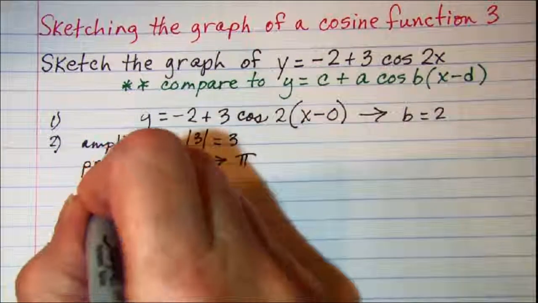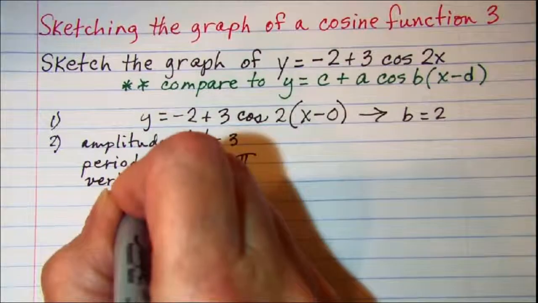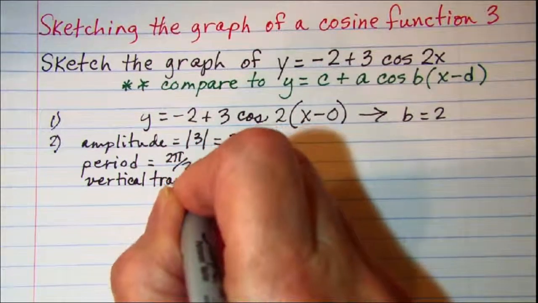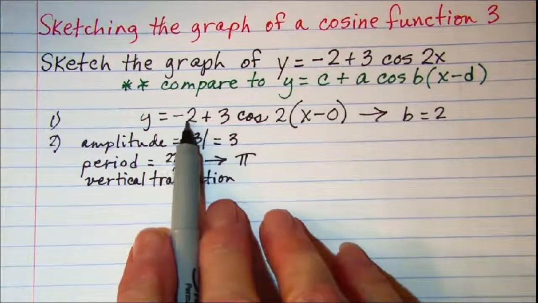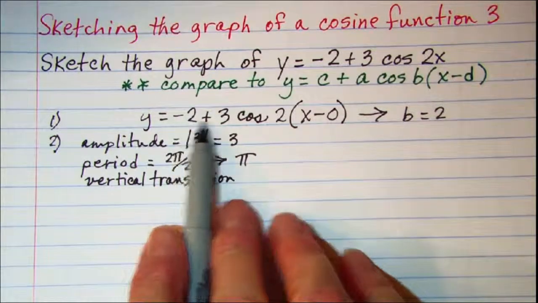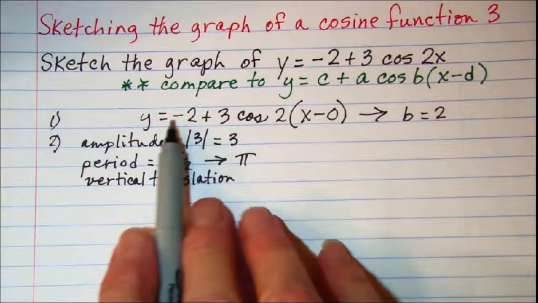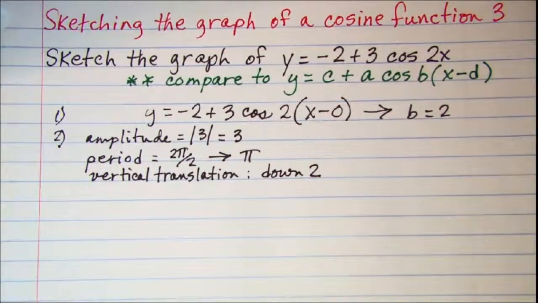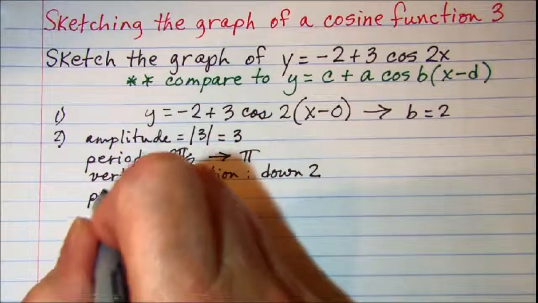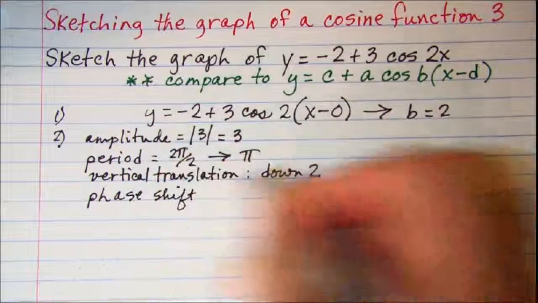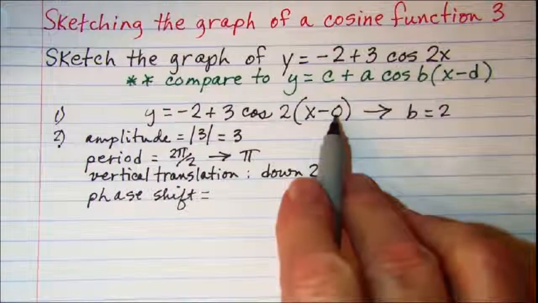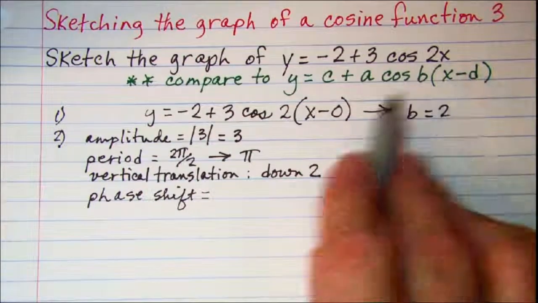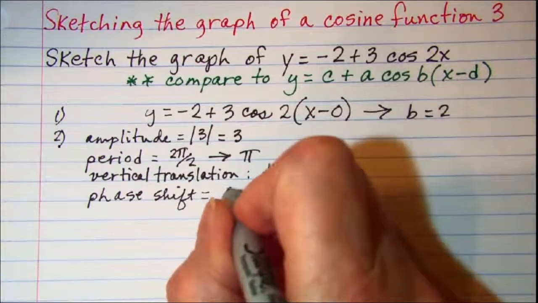Then I need to find the vertical translation, which is the up and down movement, and I see that I have a -2 added to my function, so that would be down 2. And then my phase shift, which is the left and right movement, is the d value, which is 0, since we have nothing subtracted from x.